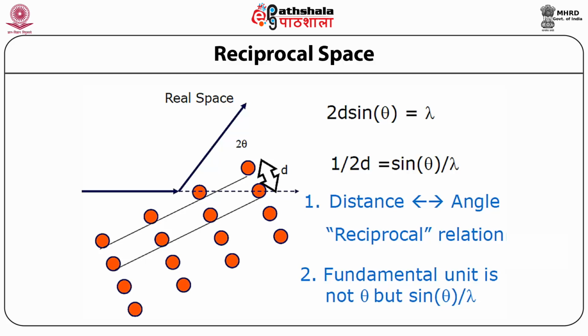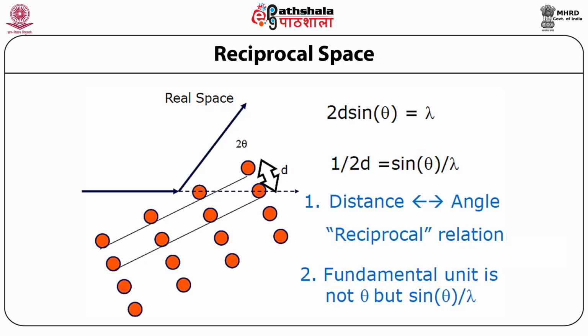When we are mapping the sample, mapping means you are changing your angle and recording the diffraction pattern. So basically you are mapping in reciprocal space. You are probing in which part of the reciprocal space it shows you peaks, and that particular pattern of peaks is basically a representation of the reciprocal space.